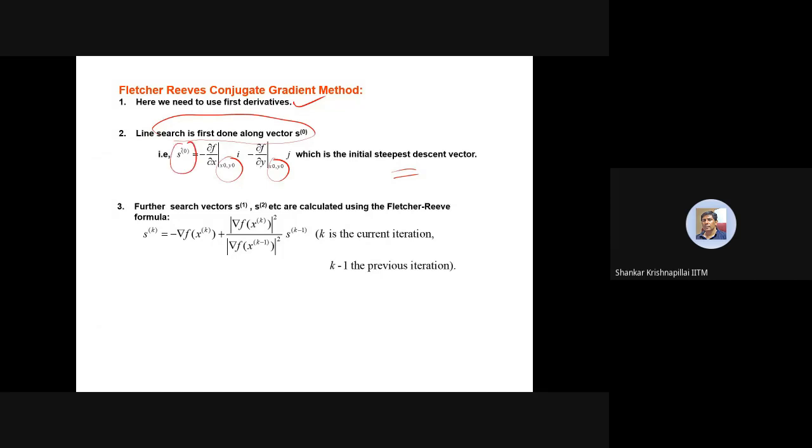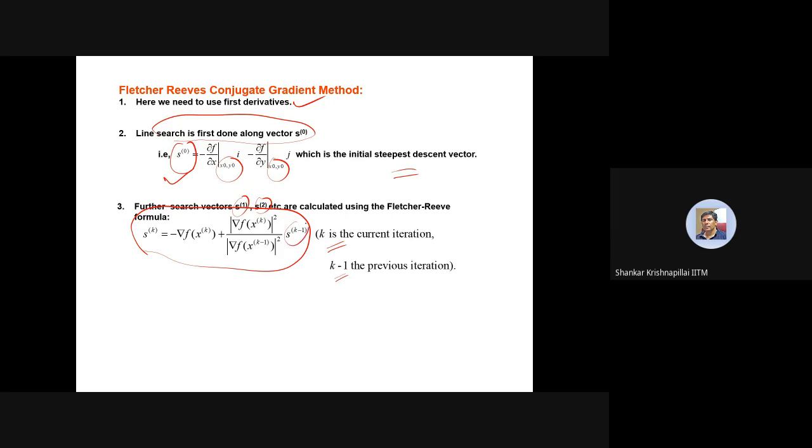So S0 is obtained like this. What about the next search vector? S1, S2, etc. are calculated using this Fletcher-Reeves special formula. Here K is the current iteration, K minus 1 is the previous iteration.